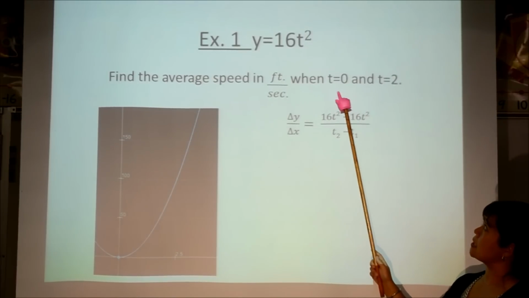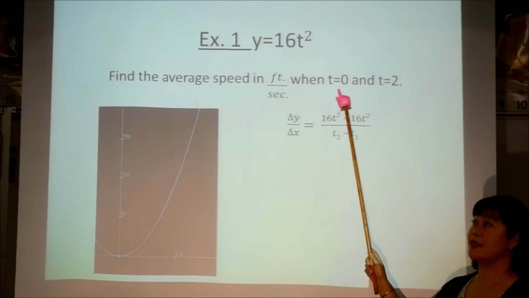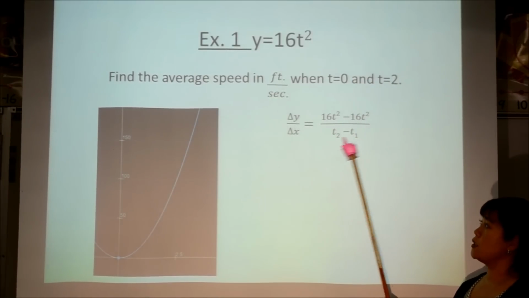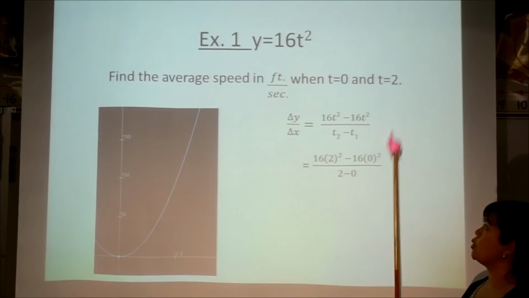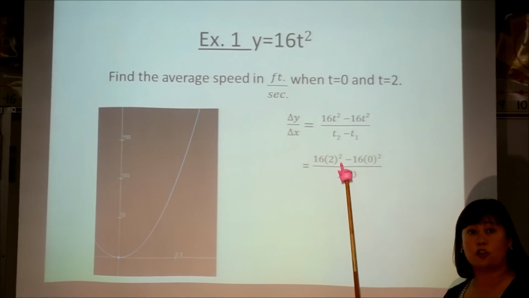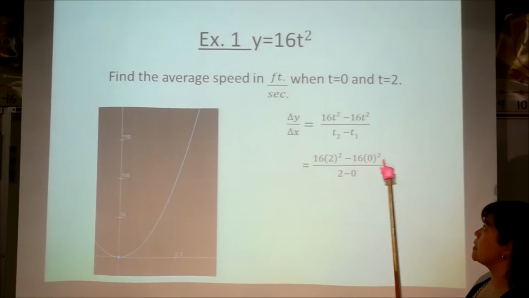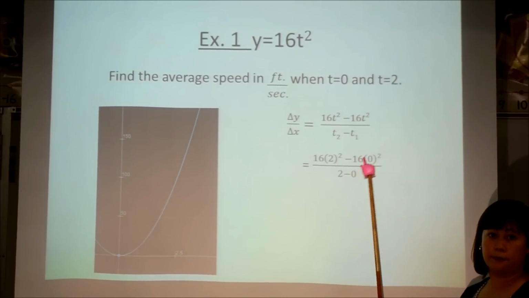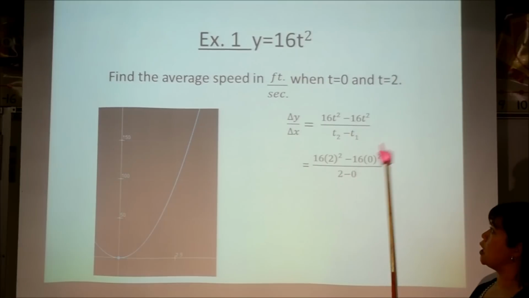Now let's designate this as my t1, and this is my t2, so that way when I substitute it, it makes sense. If I do that, then notice that this number right here and this number right here, the numerator and denominator, should be exactly the same. Same thing with the zeros, that's exactly the same. So zeros will cancel out, beautiful.